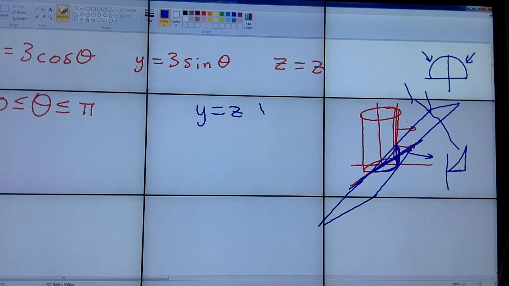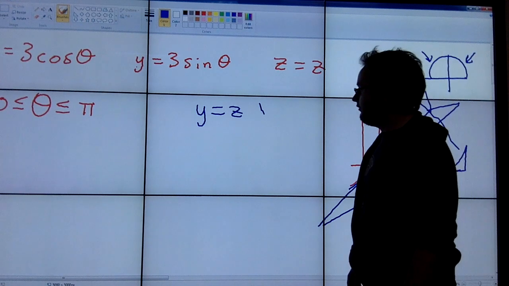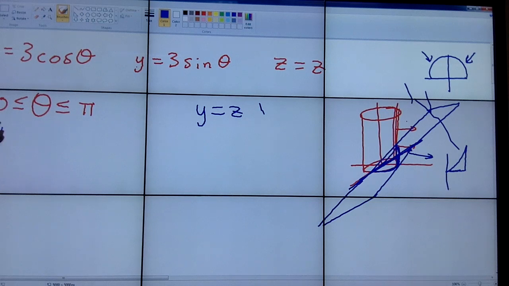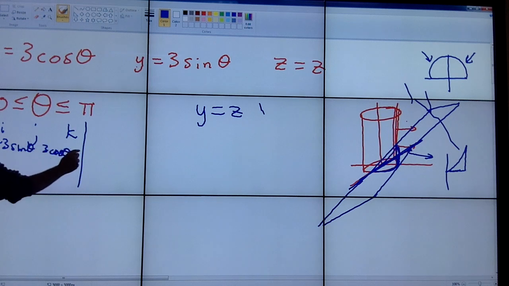All right. Now let's find r_theta cross r_z. It's kind of hard. i, j, k. r_theta would be negative 3 sine theta, 3 cosine theta, and 0. And we have 0, 0, 1.